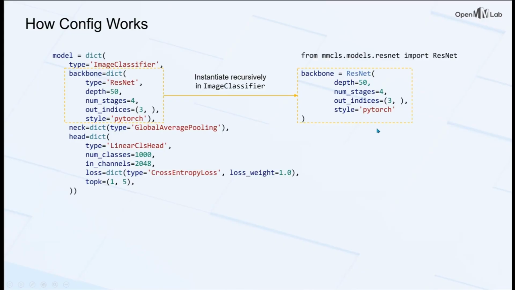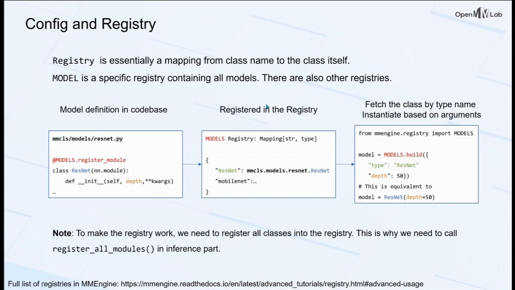To make this mechanism work, we need another module called the registry. It is actually a mapping from the class name to the class itself. If you view the source code, there is a decorator on each class implementation.